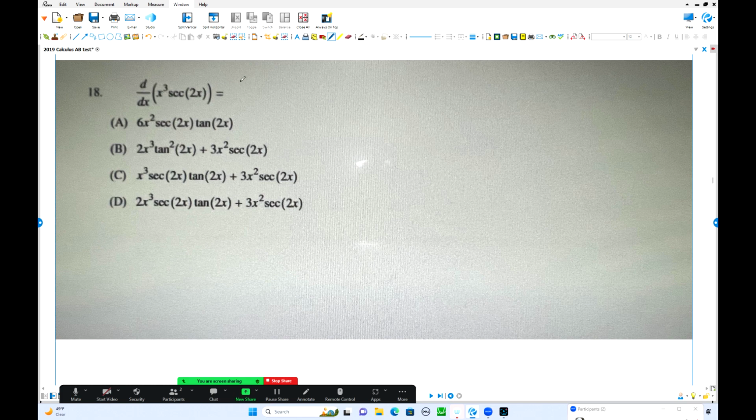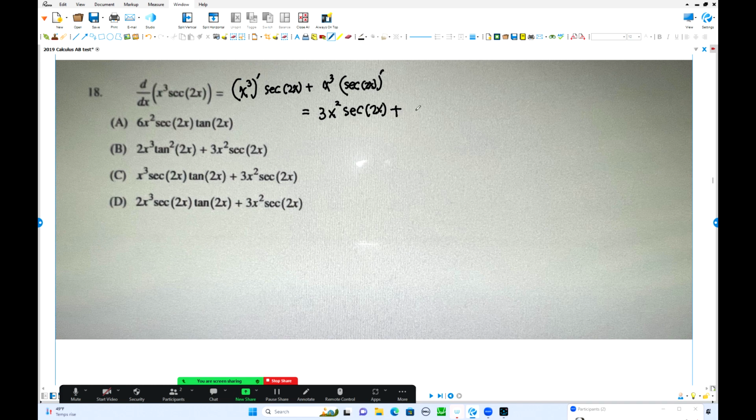This is my x cubed, that's the first one, prime, second function. This one we don't touch, and we multiply by the second function's prime. That's it, okay? The first term derivative is 3x squared times secant 2x there.